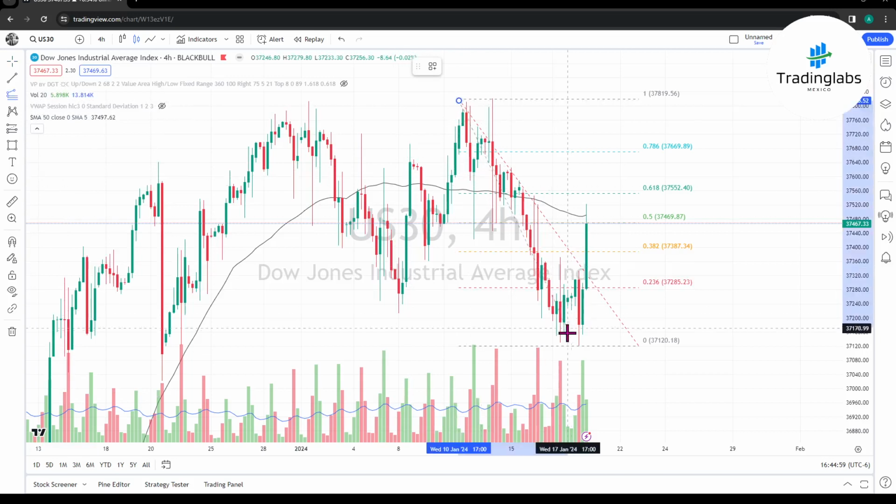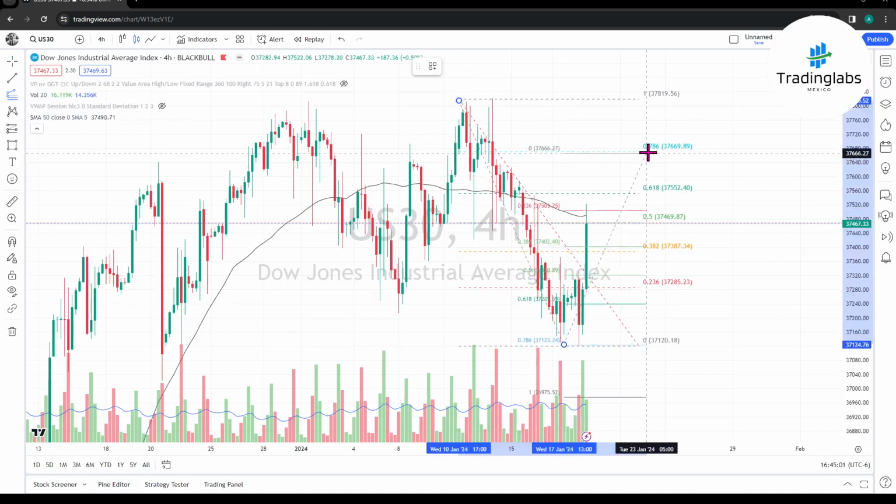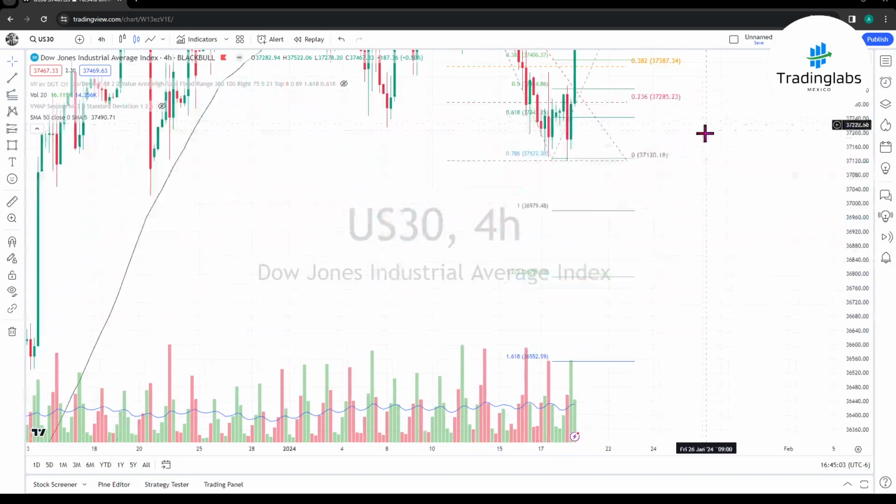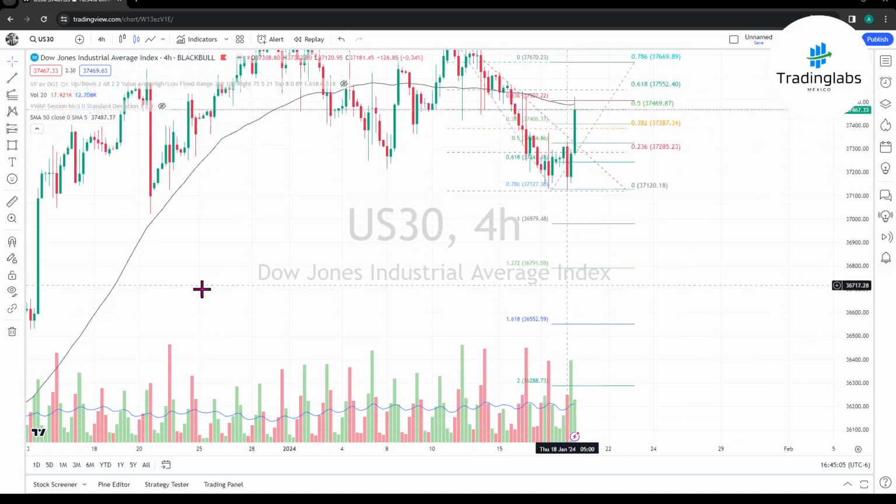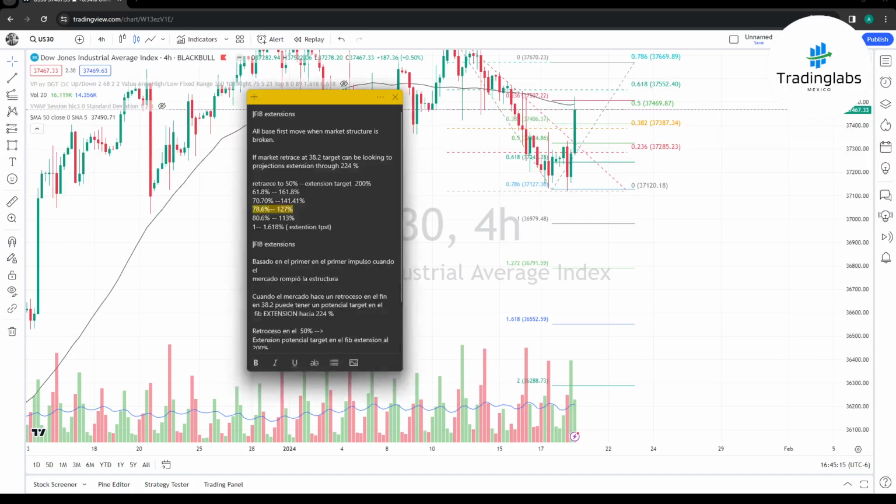Let's see where it can go. 78.6 is the Fibonacci retracement of the, hold on, 1.27, 127%.